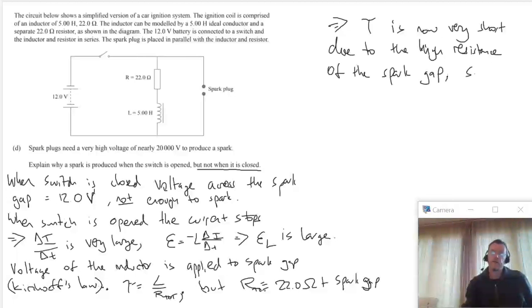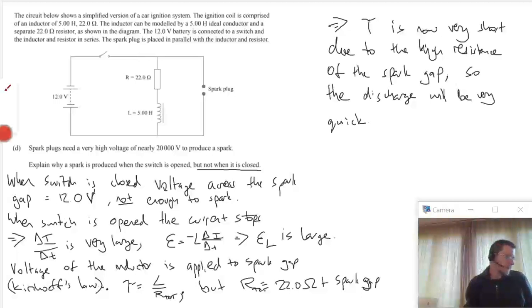So firstly we've got an instantaneous change in current in the circuit, then you've got a circuit here with a large resistance, so a very short time constant, so the discharge will be very quick. Okay, and you put all those three things together and you can get a good answer.